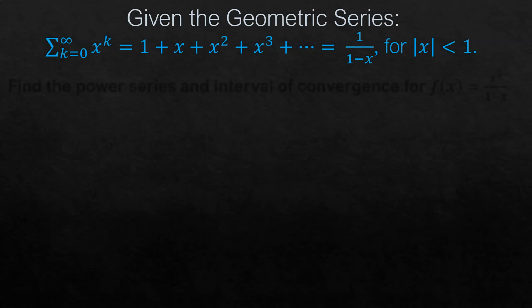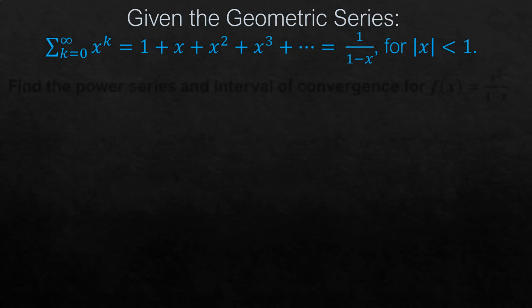One of the power series that we know and that we love because it's pretty awesome is the geometric series, right? And the geometric series has the form 1 plus x plus x squared plus x to the third, which is the series of x to the kth power.